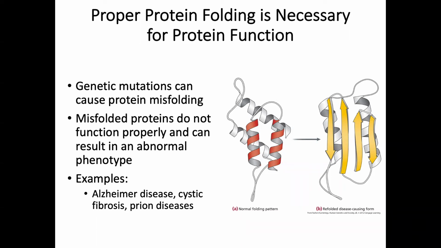Remember, the FUS protein has a mutation, and this mutated protein changes its structure and may contribute to ALS under stress. But here we're going to introduce another example, cystic fibrosis. That's a great example to explain this protein folding problem.